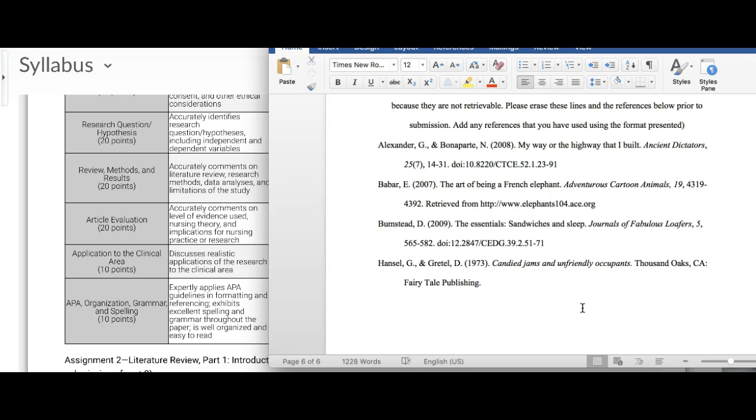You do not want to put the UMUC link, because you want people to be able to go back and find it, and if you're writing an APA paper, they won't be able to link to it from your paper to the UMUC library. So you want to put the official APA format, which is a DOI number, and if that's not available, then the URL to the home page for the journal that you're talking about.